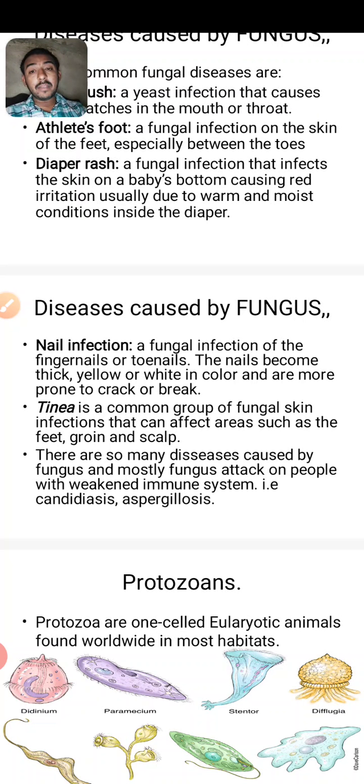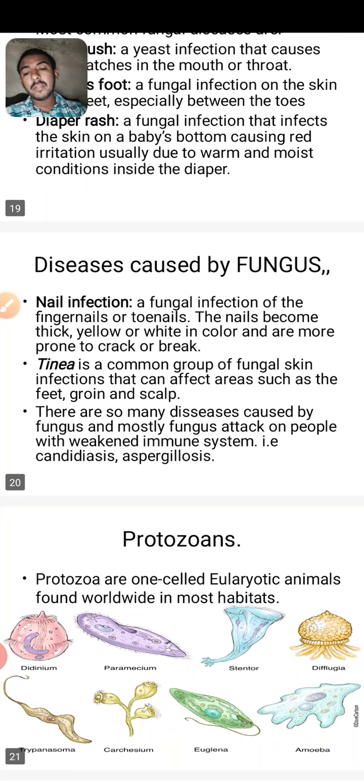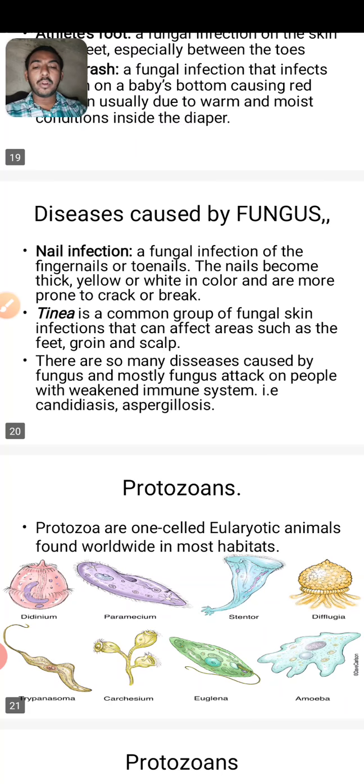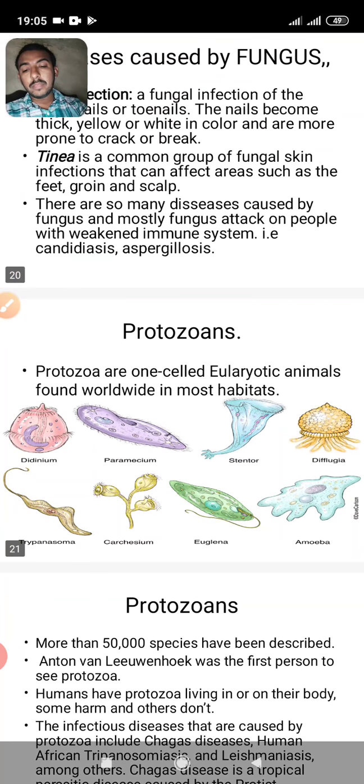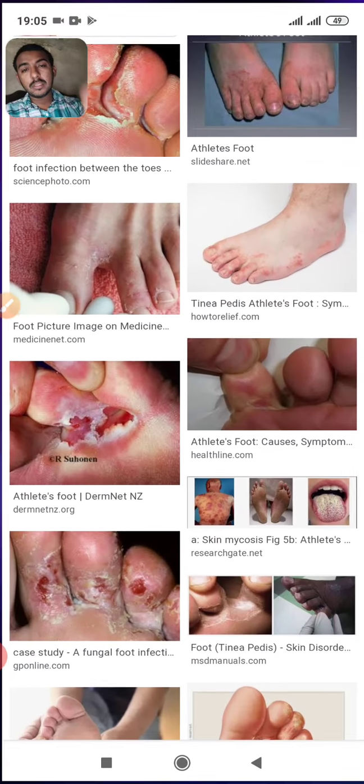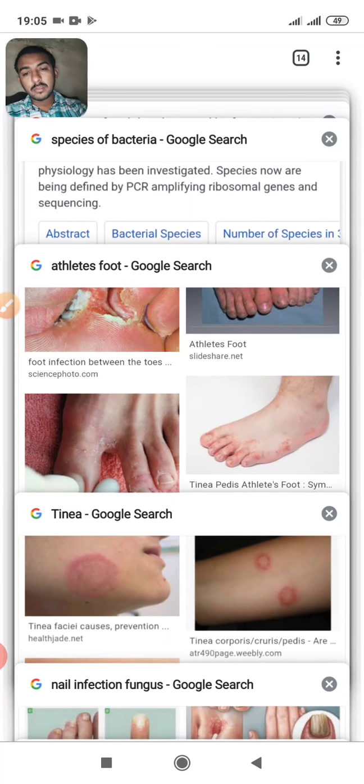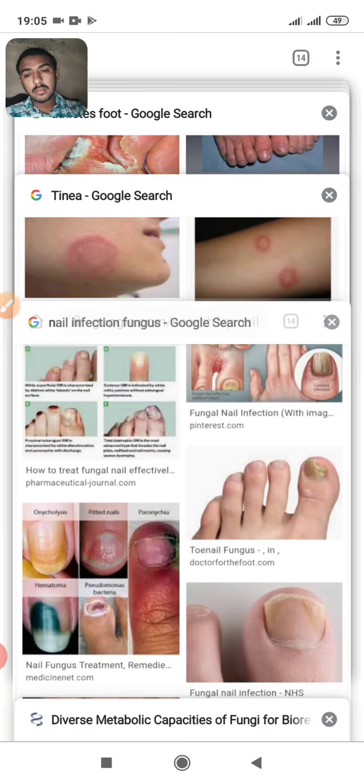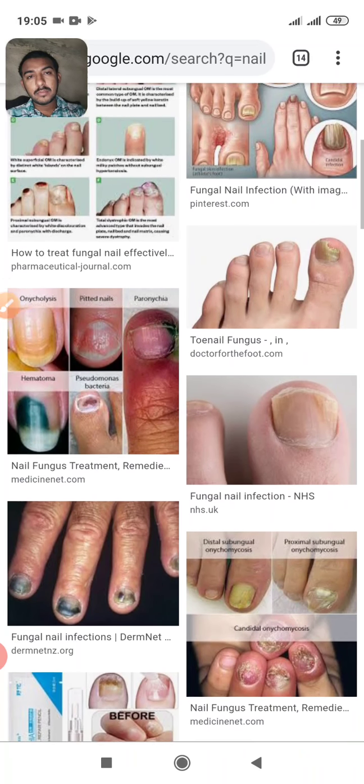In nail infection, fingernails or toenails are affected. The nail becomes thick, yellow or white in color, and is more prone to crack or break, meaning it can be easily broken. Let's look at the Google images of nail infection.